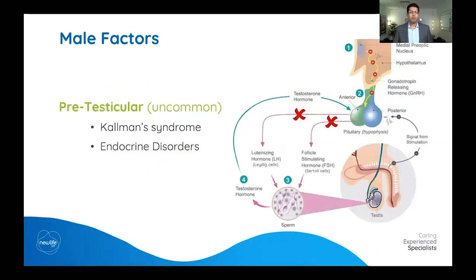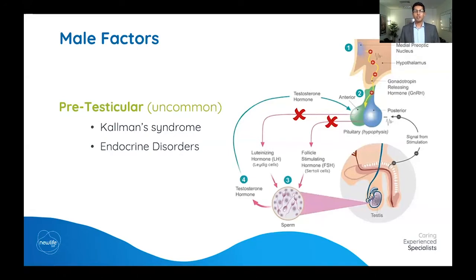So when we think about male factor infertility, we think of it with a schema, which is pre-testicular, testicular problems, or post-testicular, which are respectively the brain failing to send adequate signals to the testicle to work. The testicular causes are the testicles not producing sperm correctly, and the post-testicular causes are obstruction to sperm getting out into the outside world.